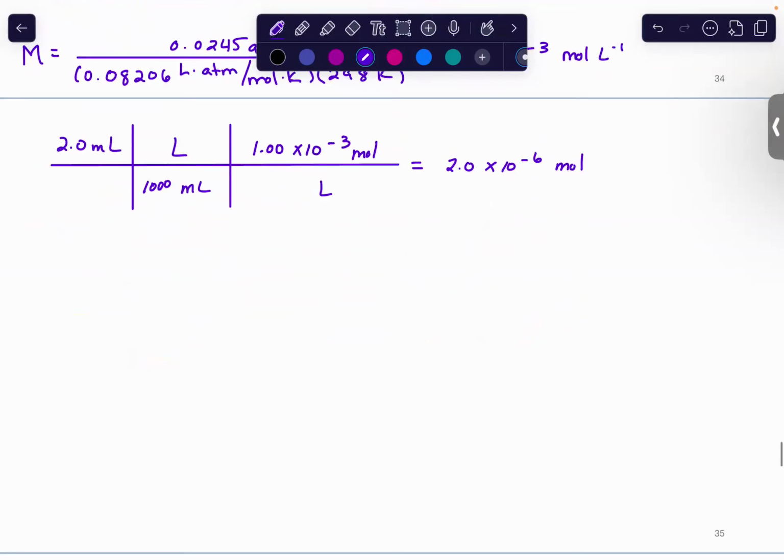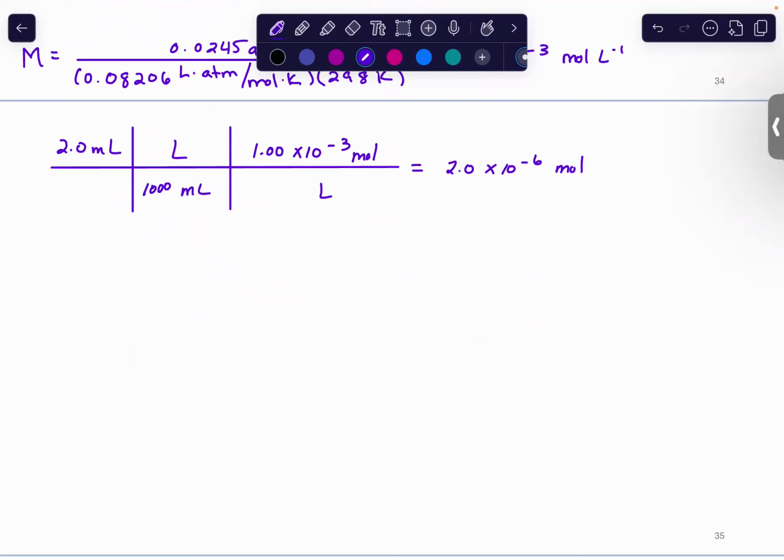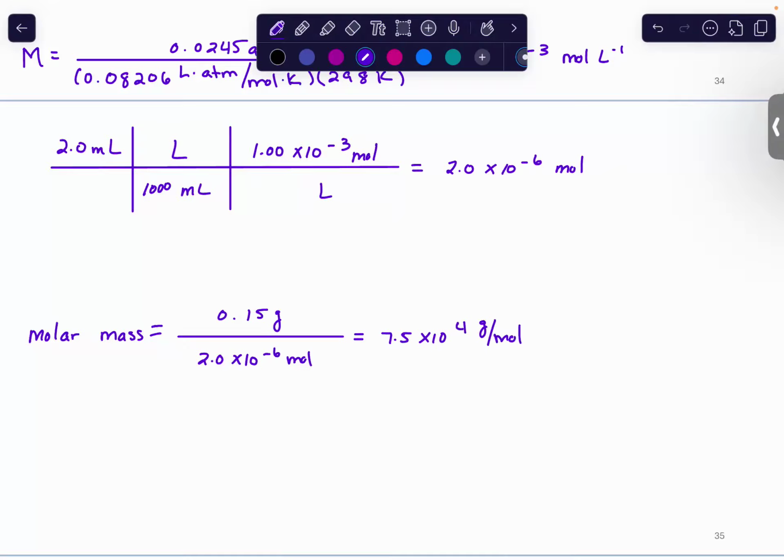So then our molar mass is the 0.15 grams from the problem divided by the moles. So 7.5 times 10 to the fourth grams per mole.